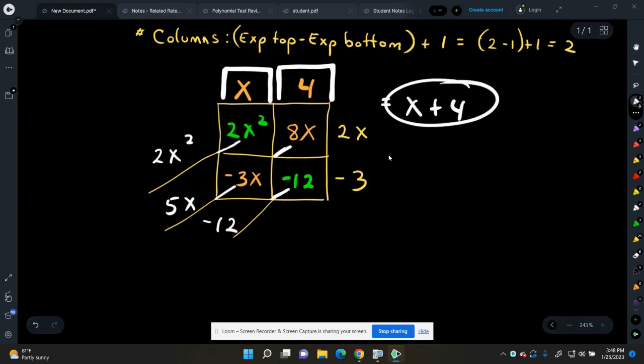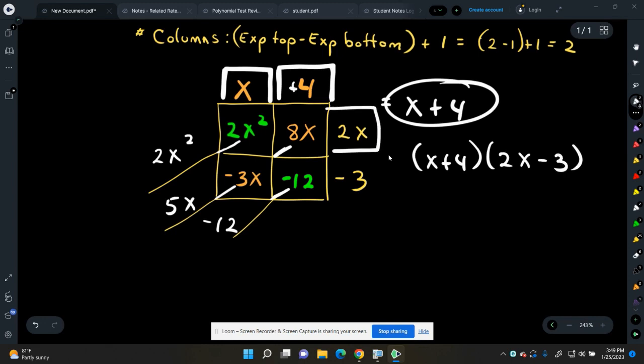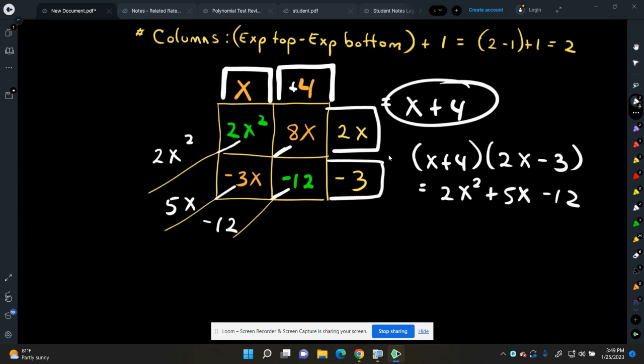We know that's true because x plus 4 times 2x minus 3 equals 2x squared plus 5x minus 12. Okay?